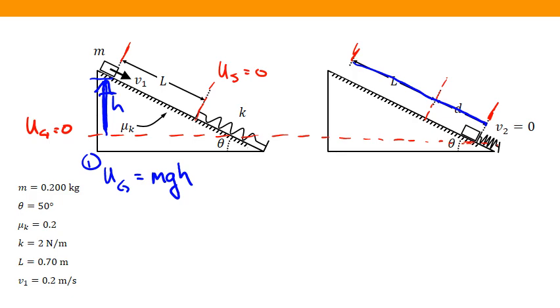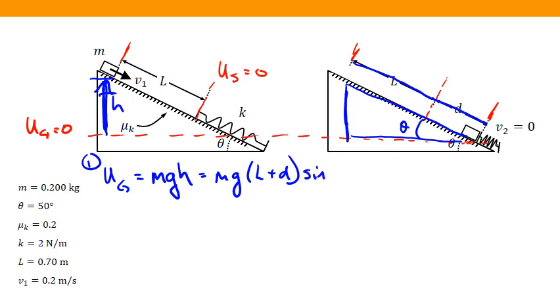So I need to mark that. I've got mg and L plus D, but it's not L plus D, it's this triangle where the hypotenuse is L plus D, and the angle inside is my angle theta, and I want this opposite side.